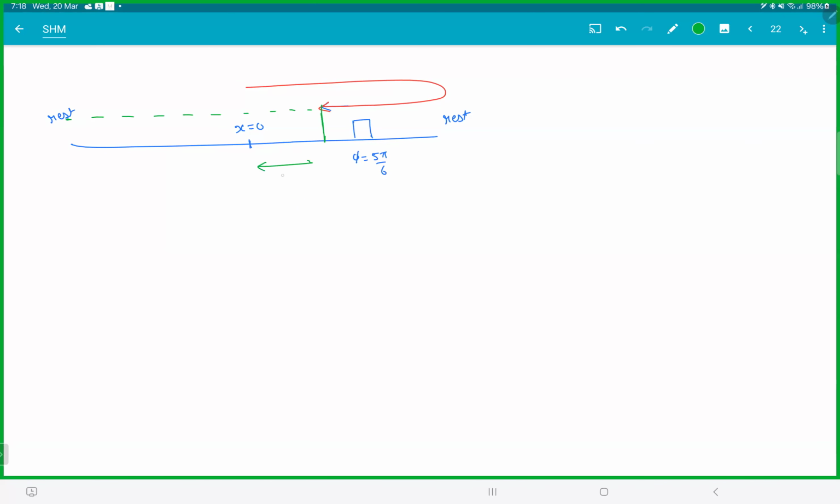This angle is already 30 degrees. This angle will be another 90 degrees. So you're traveling 120 degrees. Is this making sense? Always see in terms of circles. Don't forget about the line. Getting it? The particle covers 120 degrees till it reaches the left extreme.